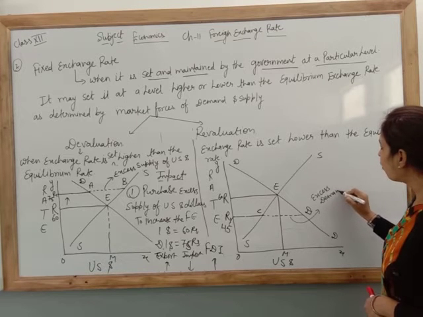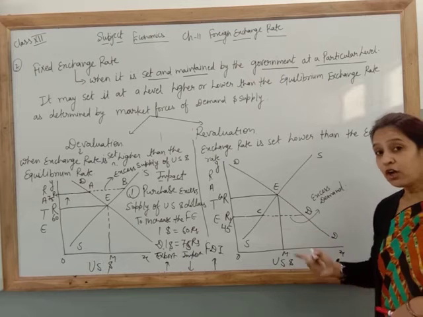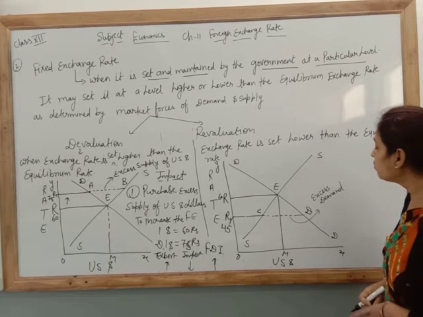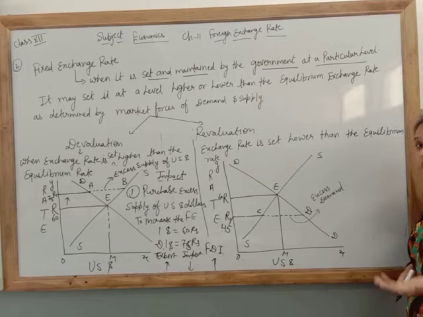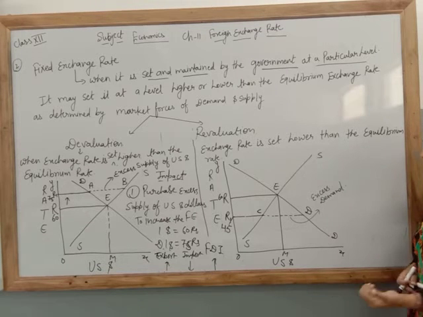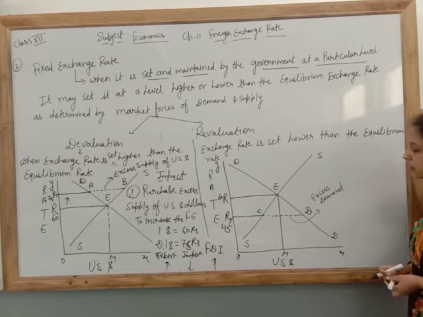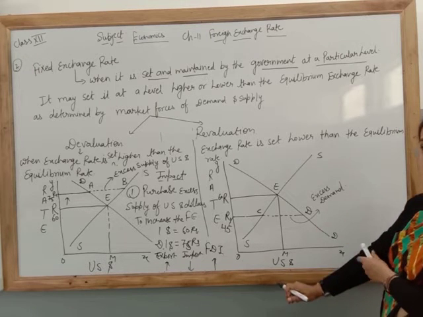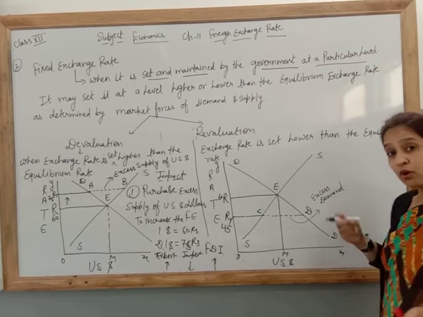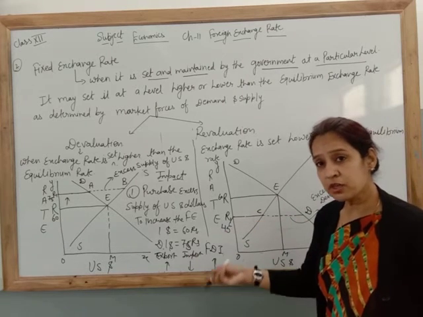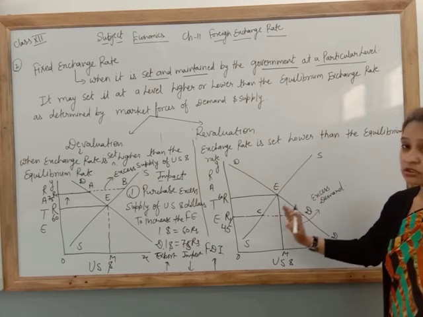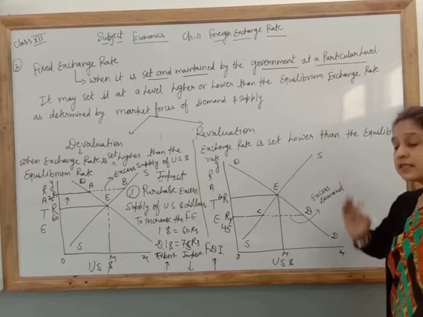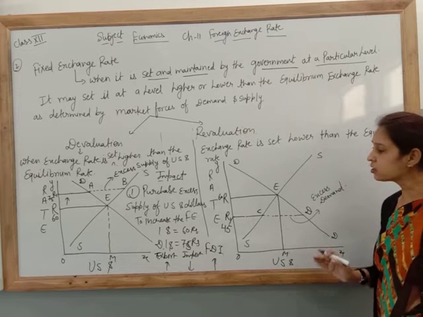When demand for US dollars increases in the international market, the government releases US dollars in the international market, to sell their foreign reserves. Clear? When there is excess demand, the government is going to start releasing, or we can say selling, US dollars in the international market.